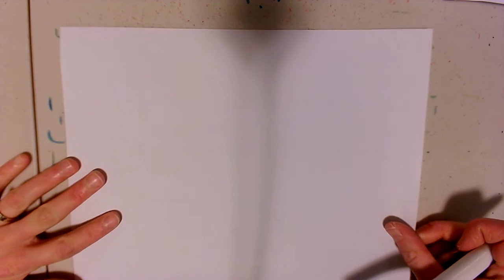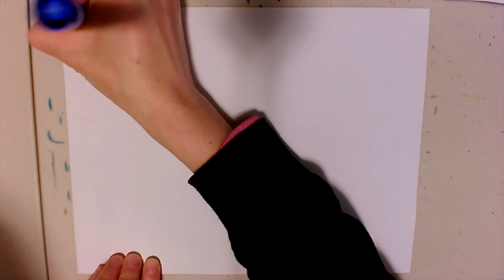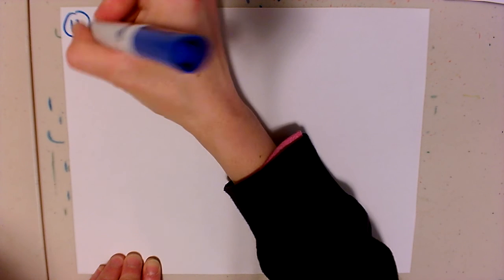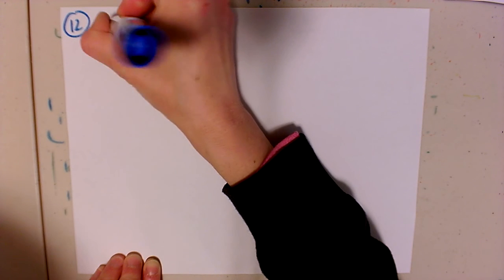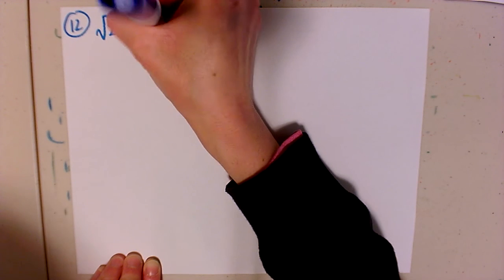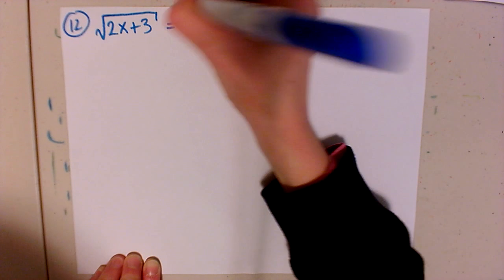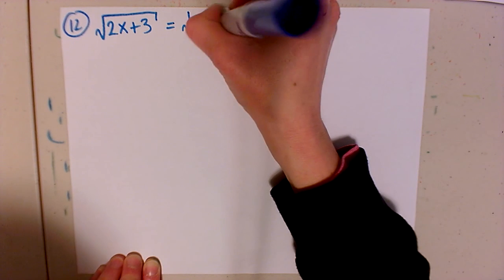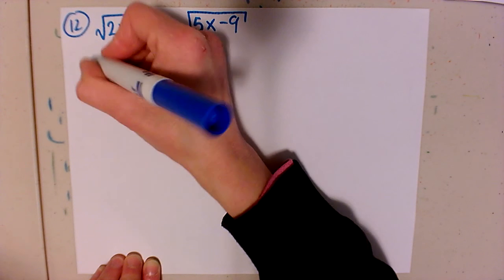And so we have a similar situation for number 12. So for number 12, we have the square root of 2x plus 3 is equal to the square root of 5x minus 9.